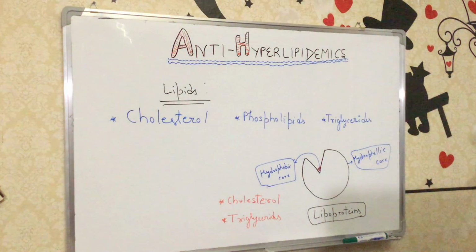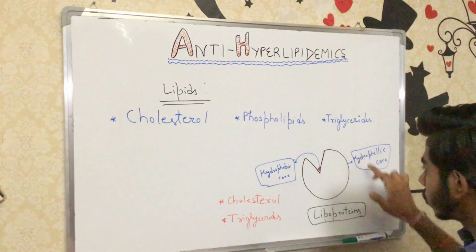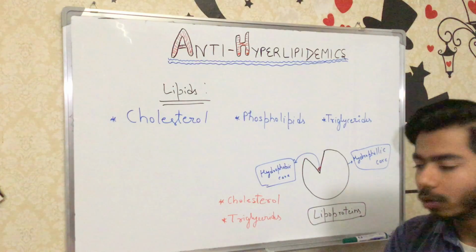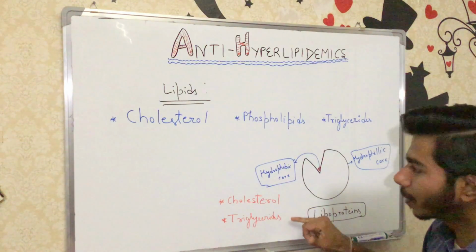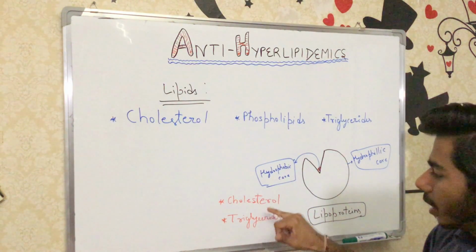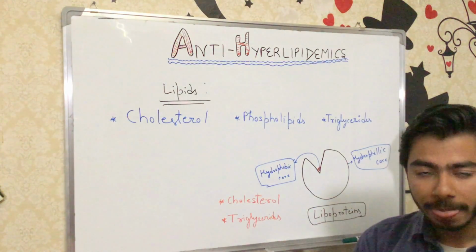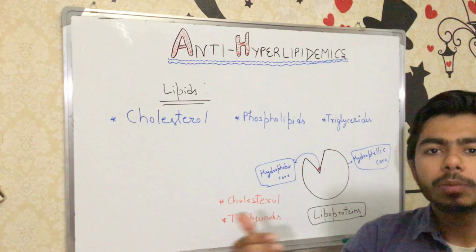So basically the lipoprotein has the outer hydrophilic shell, and inside it there is the hydrophobic core. The hydrophobic core is made up of two components of the lipids, cholesterol and triglycerides. The hydrophilic shell is made up of phospholipids and apolipoproteins.